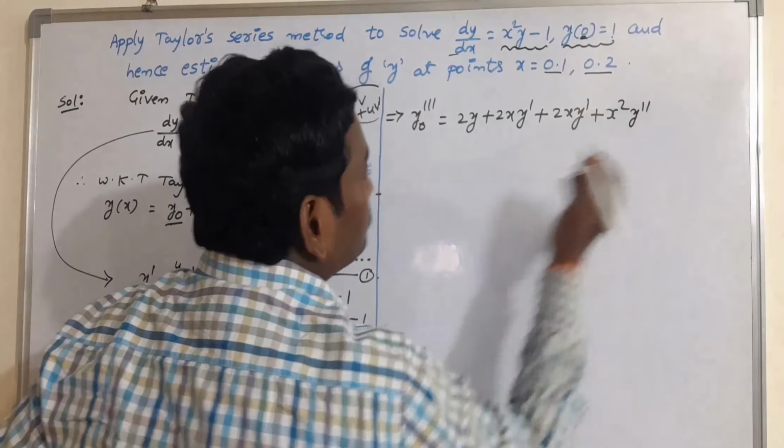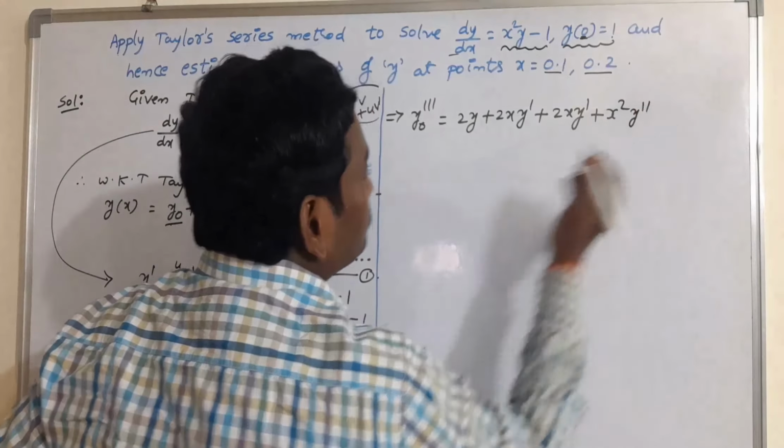So this is equal to 2y, 2xy dash plus 2xy dash can be written as 4xy dash plus x square y double dash. So this implies y naught, this is only y double dash, y triple dash, not y naught triple dash. From y double dash we have to find y triple dash.